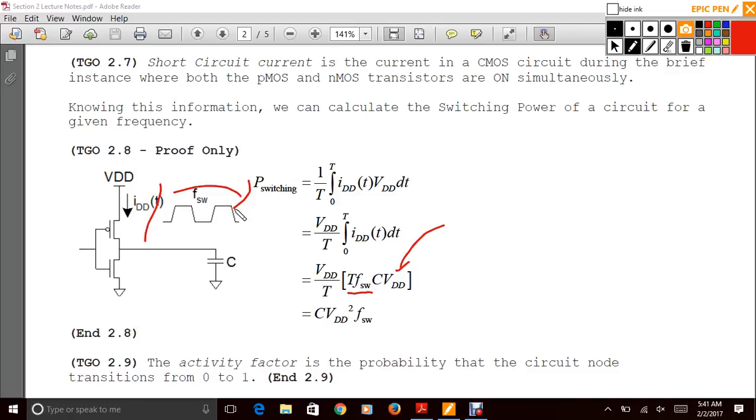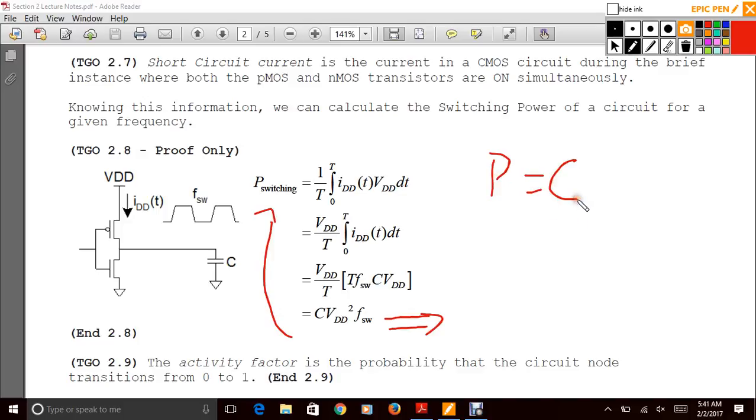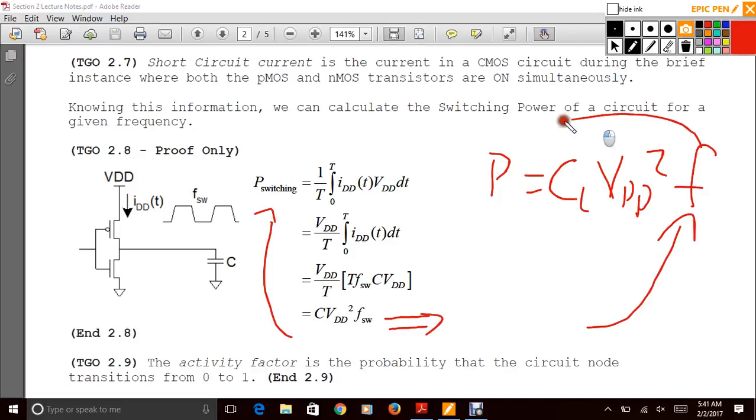So how many switches occur over this time period? What ends up happening is that these cancel out, and the result is that the power consumption is equal to C. You'll typically see this as CL VDD squared times the frequency. So this is important because this means that frequency is directly proportional to power consumption.